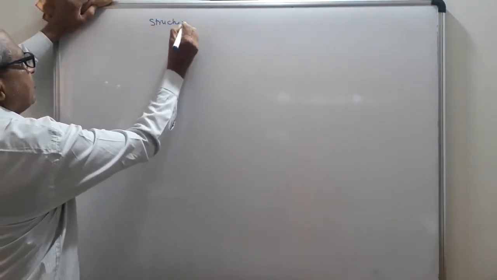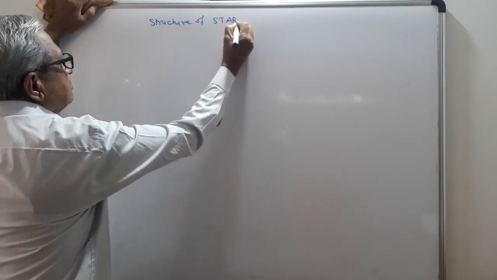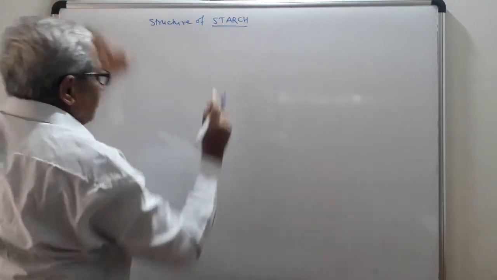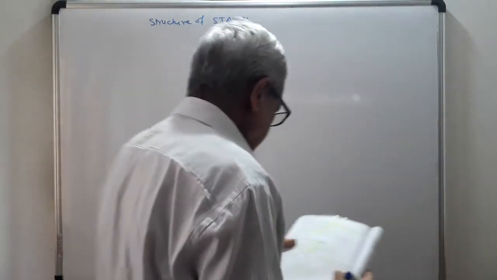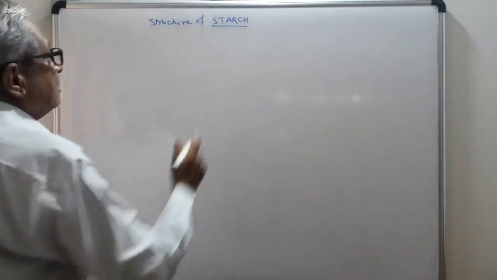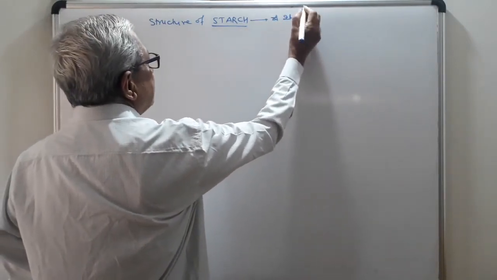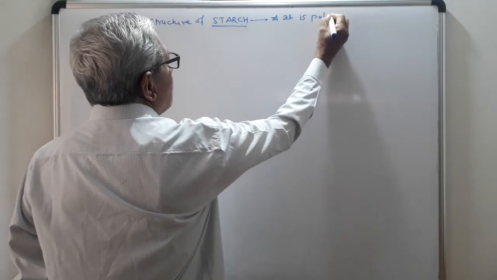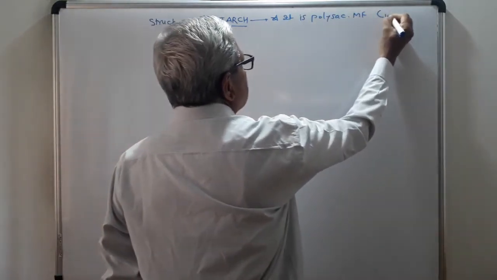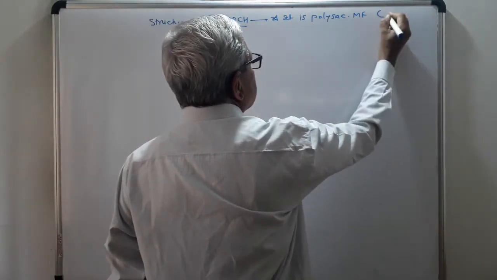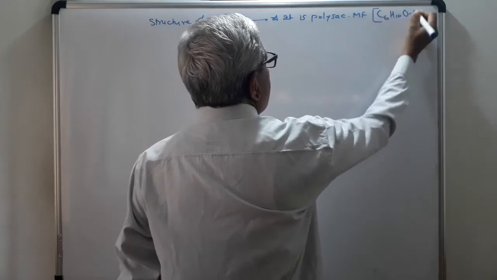Structure of starch. First point: it is a polysaccharide having molecular formula C6H10O5N.